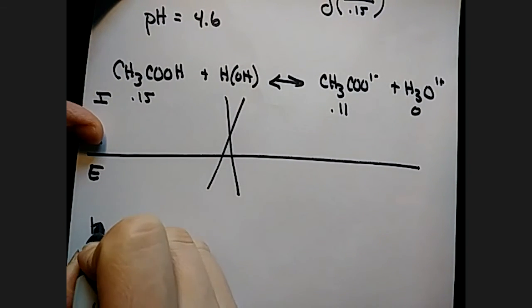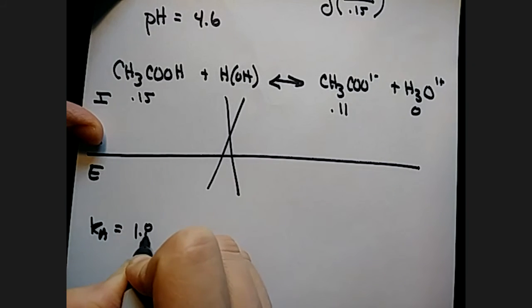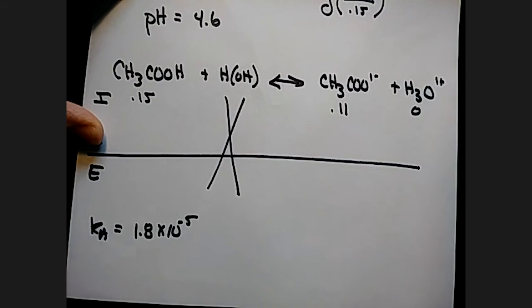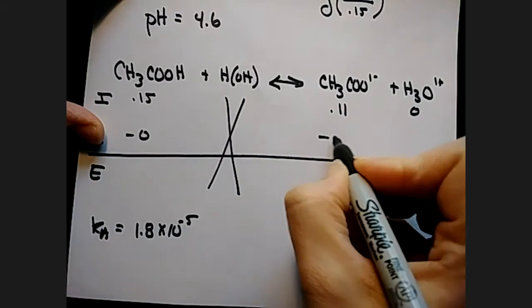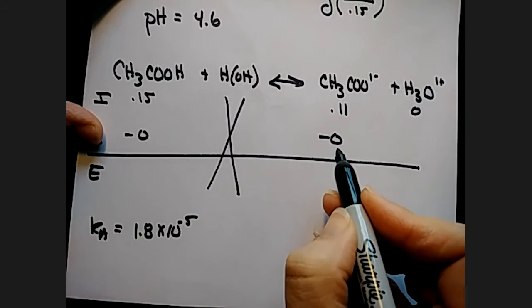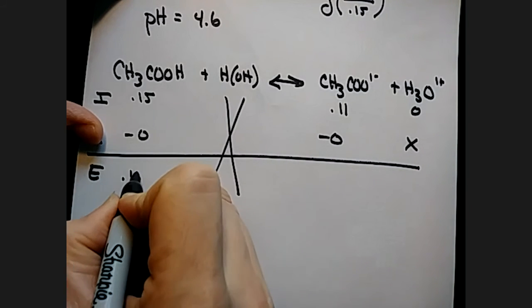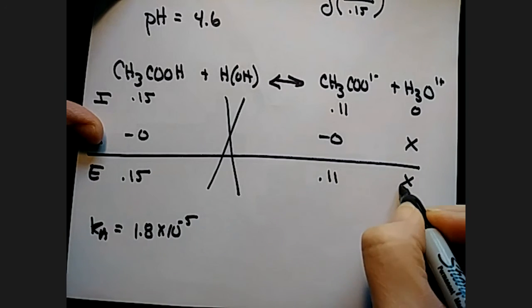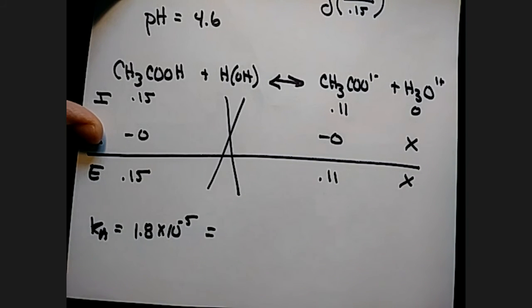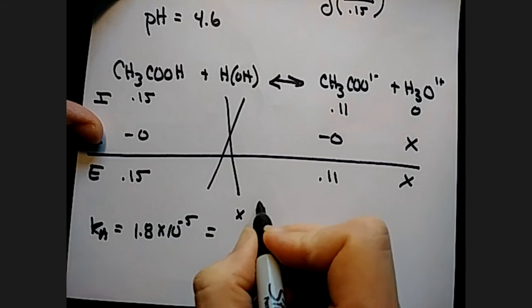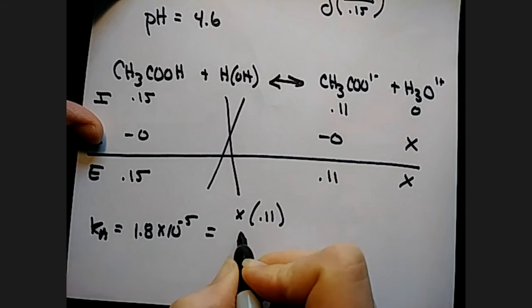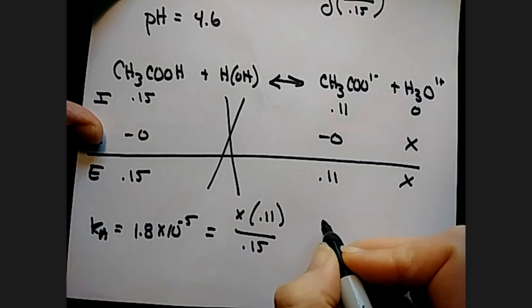And then we just start plugging and chugging what we know. We know that the Ka value is 1.8 times 10 to the negative fifth. So there's not going to be any change to either of these initial concentrations, but this one's going to go in as X. So this would be 0.15, 0.11, and X. And now we can actually calculate. So this would be X times 0.11 divided by 0.15.